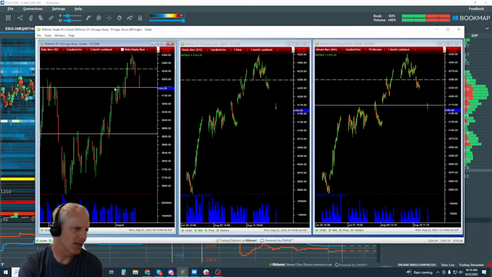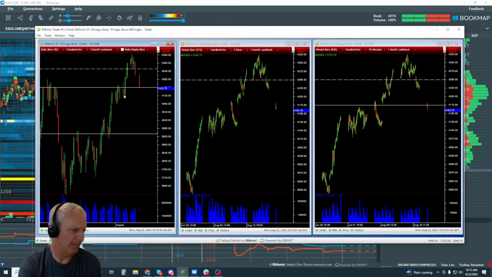However, in this one, it's not so bad when you see this little candle right here. You're looking at a higher high and a higher low, and there's buying pressure, even though that's a red candle. It did make a lower high here for the day, but there's a lot of buying pressure that day. So we did get a pullback here a few days, but it never broke the low.